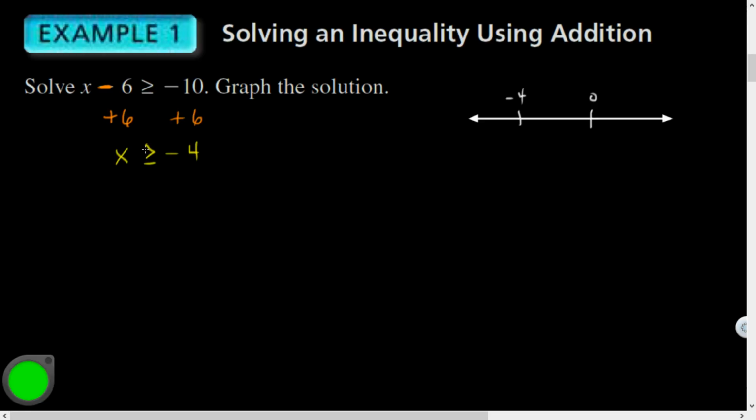A greater than or equal sign, the equal part tells me it's going to be a closed circle, a solid dot. And a greater than sign means I'm going to shade everything bigger than -4. The bigger things on the number line are to the right because that's the positive side, and the smaller things are to the left because that's the negative. So I'm going to shade this to the right.